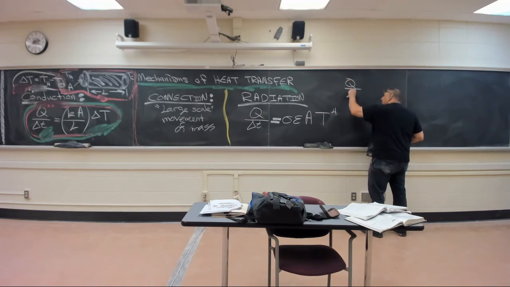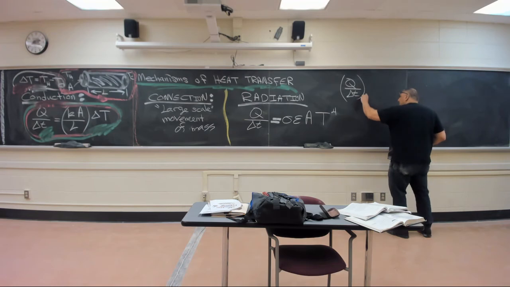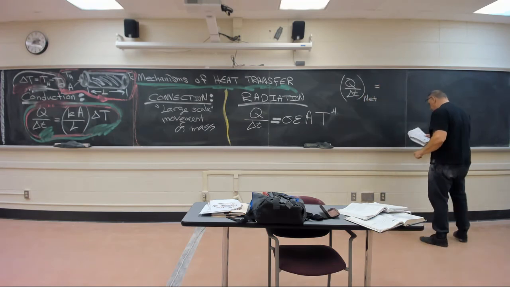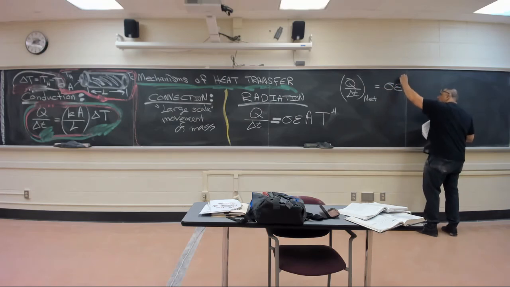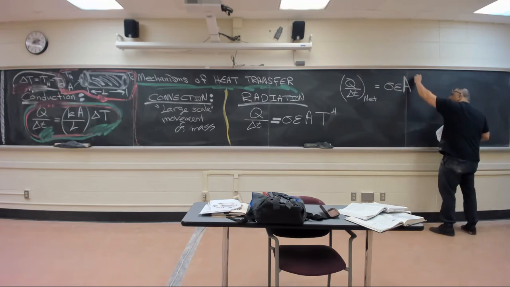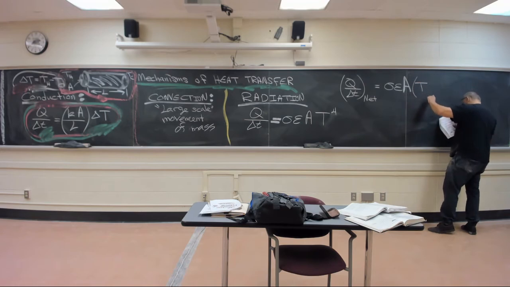Q over delta T is sigma epsilon A times T of the environment.